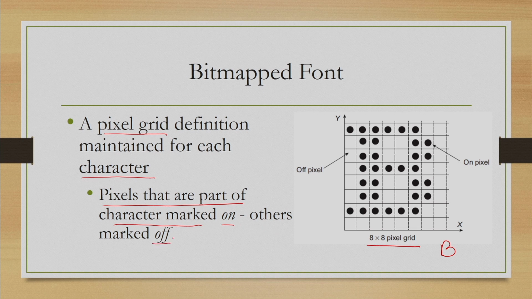When the grid is rendered for B, only those pixels will be illuminated, other pixels will not. The black circles here indicate the on pixels, and the white boxes indicate the off pixels. So, we can have this type of grid for each character when we are dealing with bitmapped font.